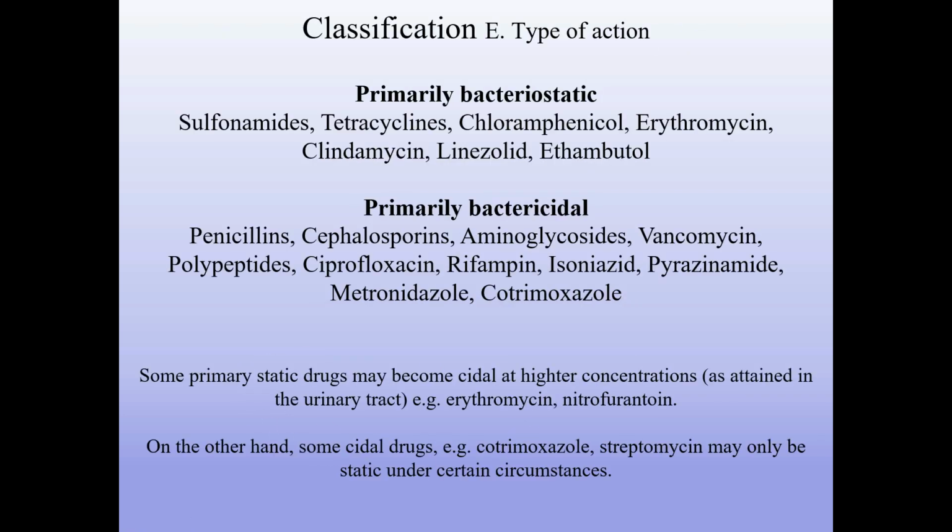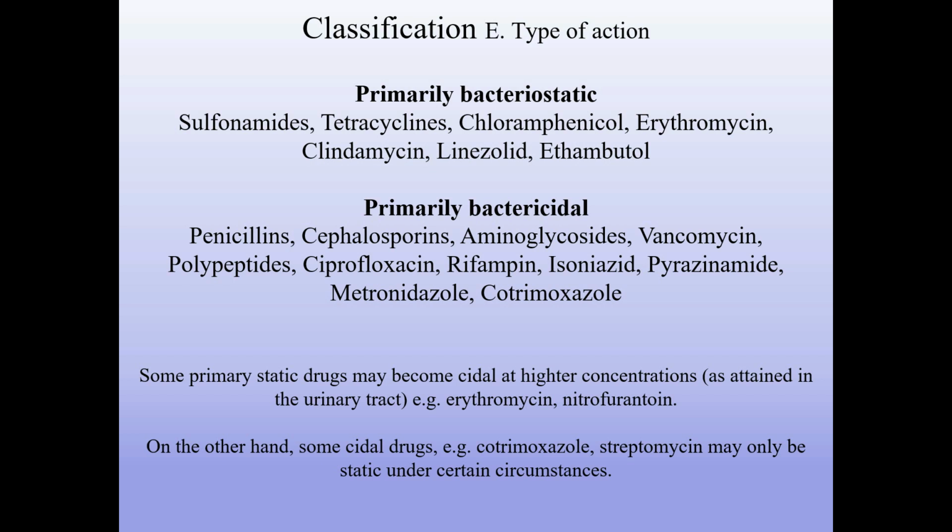Classification E, type of action. Primarily bacteriostatic, for example, sulfonamides, tetracyclines, chloramphenicol, erythromycin, clindamycin, linezolid, ethambutol. Primarily bactericidal, penicillins, cephalosporins, aminoglycosides, vancomycin, polypeptides, ciprofloxacin, rifampin, isoniazid, pyrazinamide, metronidazole, cotrimoxazole.